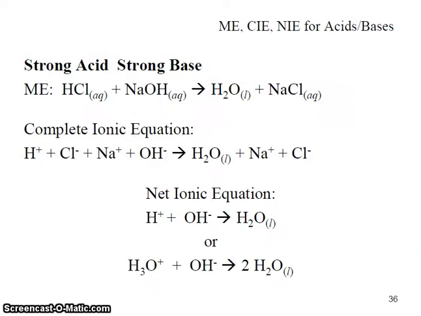I want to discuss the conversion of molecular equations into complete ionic equation and net ionic equation. So if your reaction is, let's say, between a strong acid such as HCl and a strong base, so it's a strong acid, strong base type of reaction.